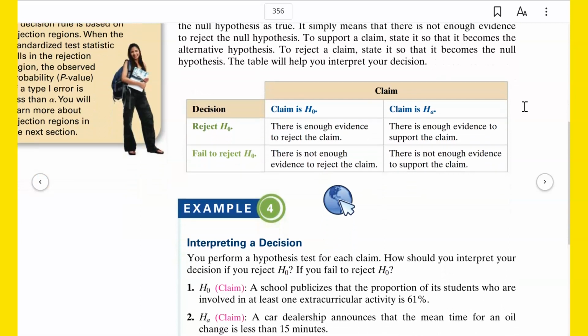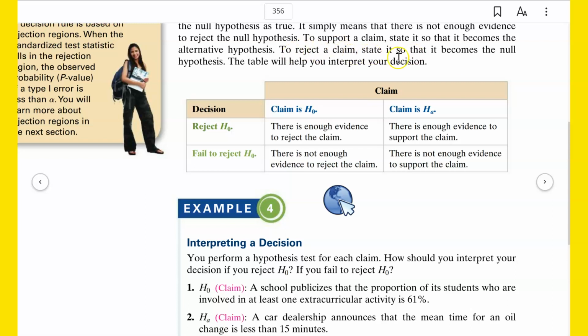To support a claim, state it so that it becomes the alternative hypothesis. All right, that's important. To support a claim, state it so that it becomes the alternative hypothesis. If your goal is to support some claim, then you want the claim to be the HA, not the H naught.